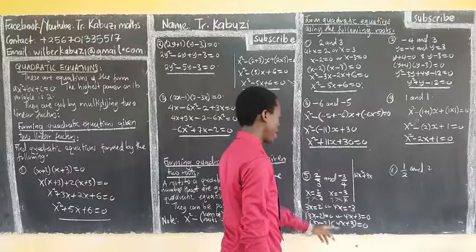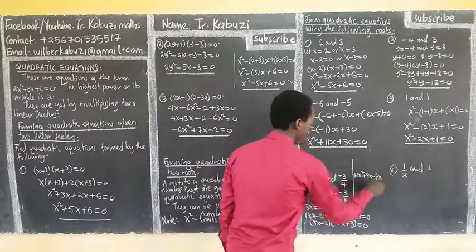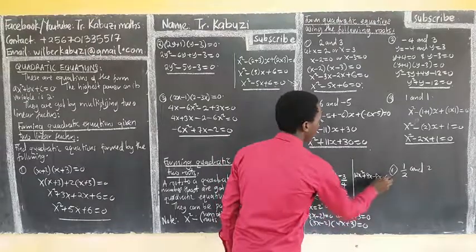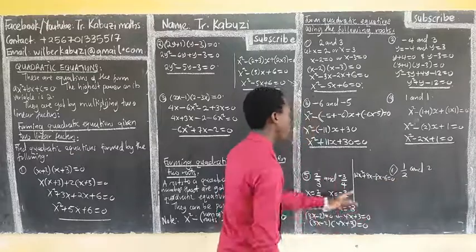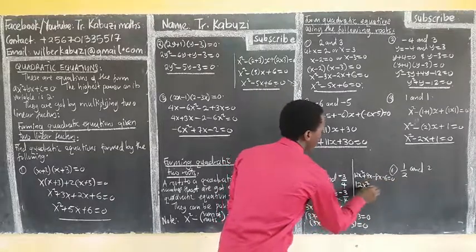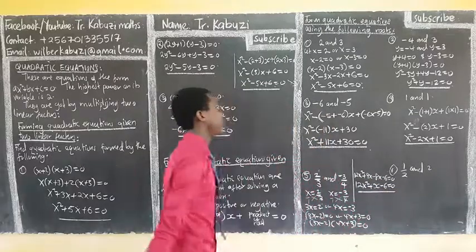Negative 2 times 4x, we get negative 8x. Negative 2 times positive 3, we get negative 6 equaling 0. When you simplify, you get 12x squared. 9 minus 8, you get plus x minus 6 equaling 0, and that would be the solution.